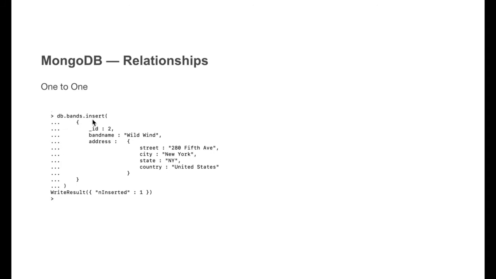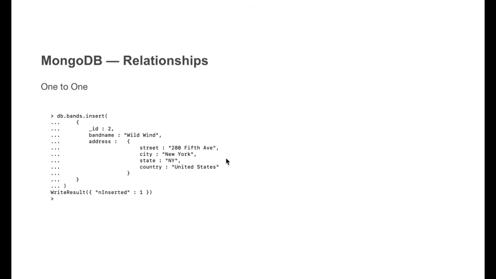You are creating a db.bands.insert. You are creating a document with stored information. This is a new band, ID number 2. The name is the Wild Wind. Their address is 280 Fifth Avenue, New York, New York, United States.